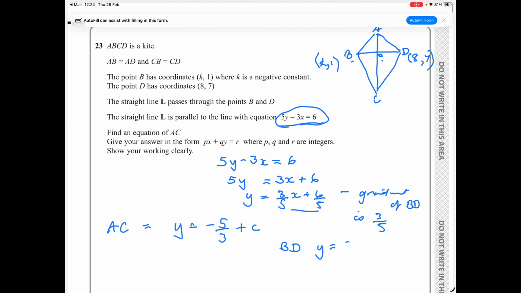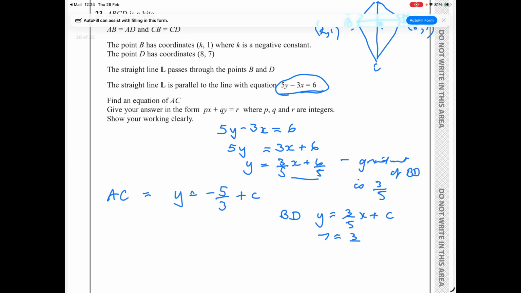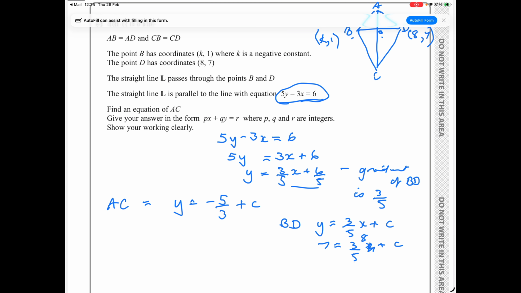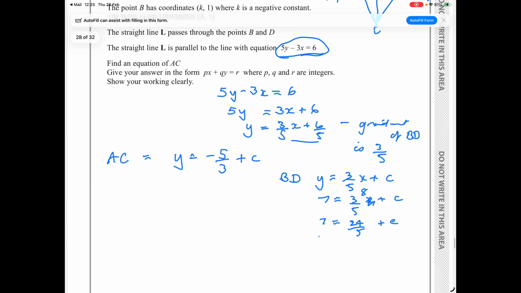y equals 3/5 x plus c. Let's put in 8 and 7, so we know that 7 equals 3/5 times 8 plus c, so 7 equals 24/5 plus c, and I'm just going to change it to say 35/5 equals 24/5 plus c.